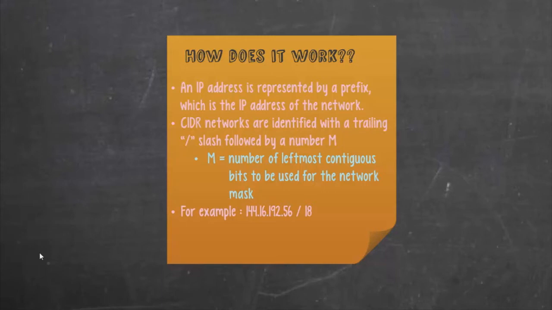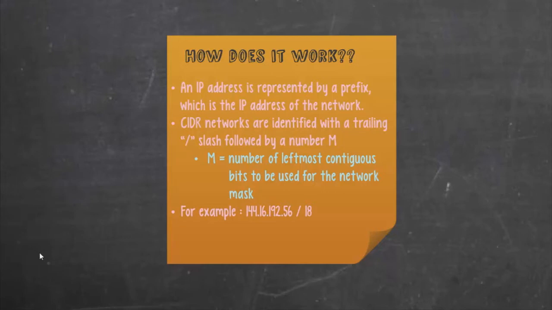The number M is the number of leftmost contiguous bits to be used for the network mask. For example, the IP address 144.16.192.56/18. The /18 at the back is what we call the number M, which represents the network portion.